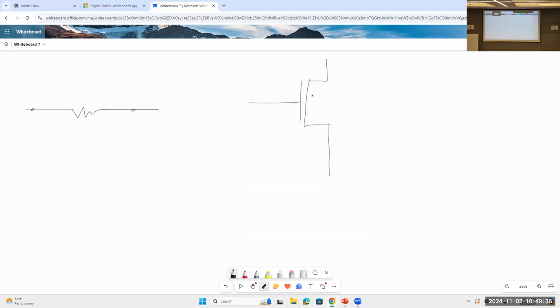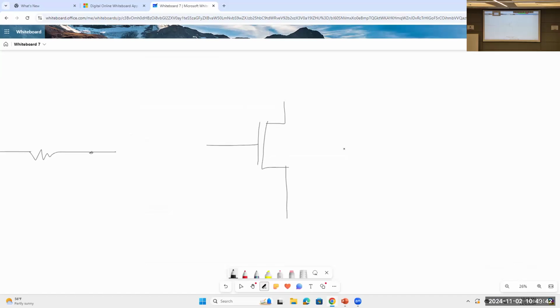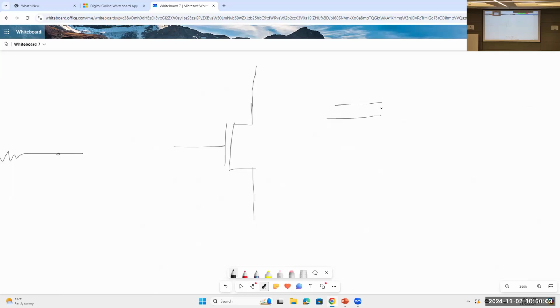But this device, the MOSFET, I think you have learned the structure of the MOSFET. I'm not going through that. Just treat this as a switch. How does this work as a switch? It's a 3-terminal device. You can compare this MOSFET switch to a water tap maybe. Suppose you have a water tap.